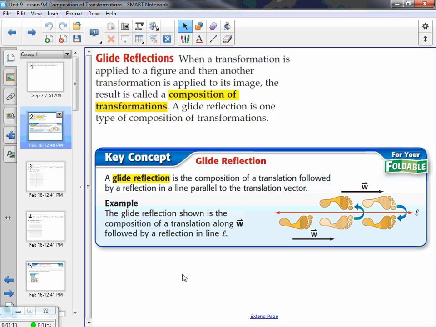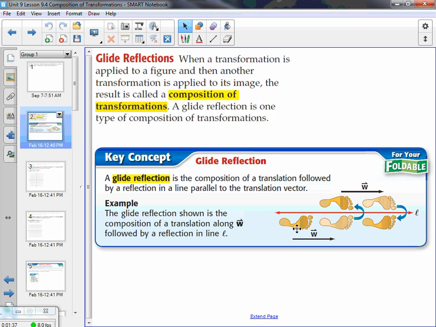So, in other words, you translate the preimage, and then the resulting image gets reflected in a line of reflection that's parallel to the movement you just made with the translation. Okay? So, you glide it, then you reflect it. An example they give here is of these sets of footsteps.